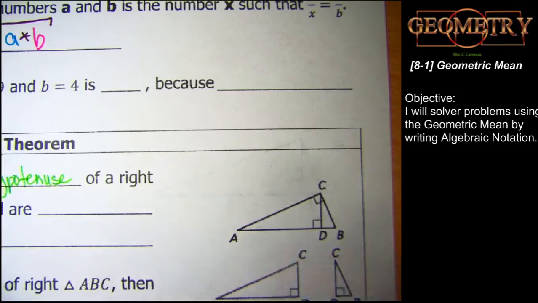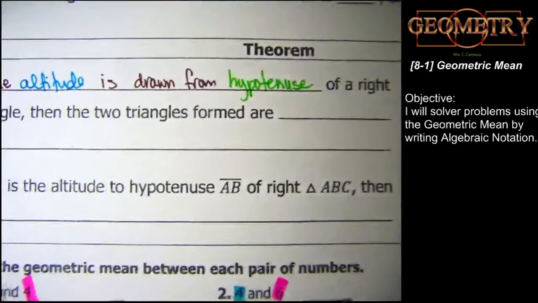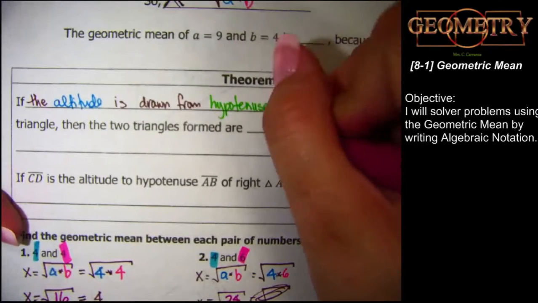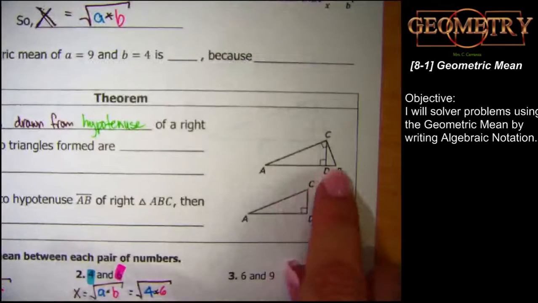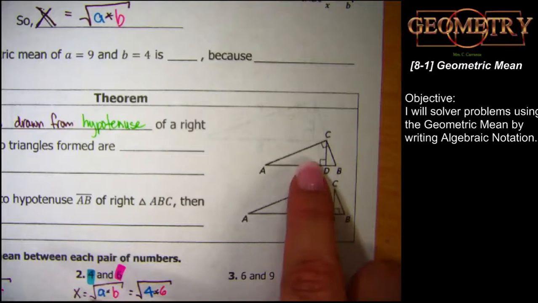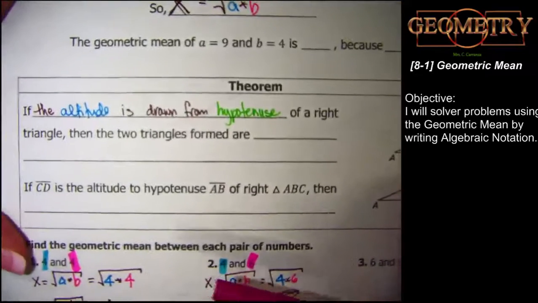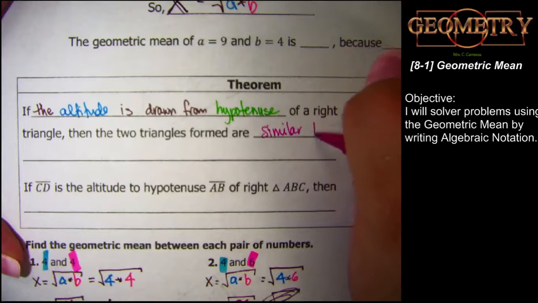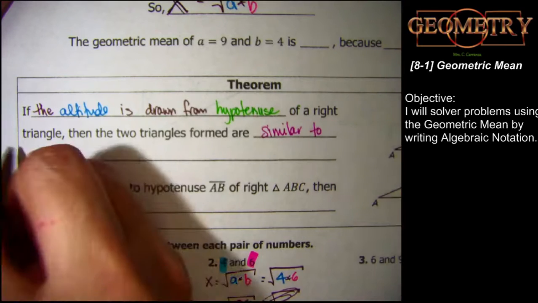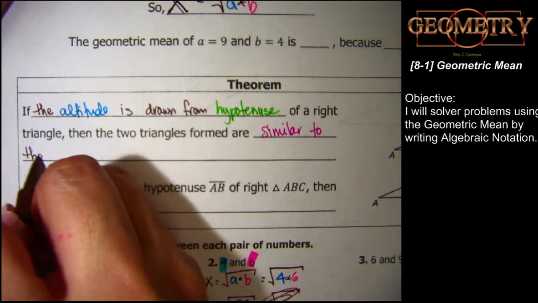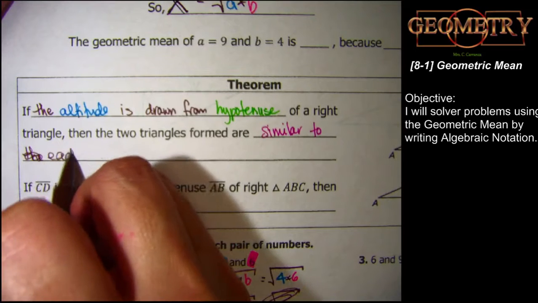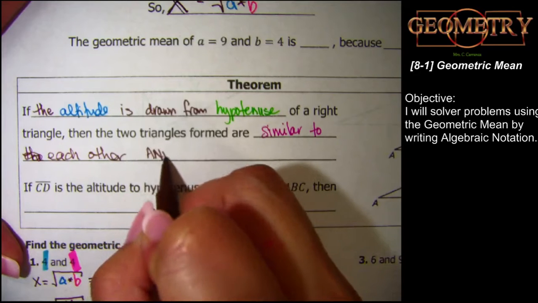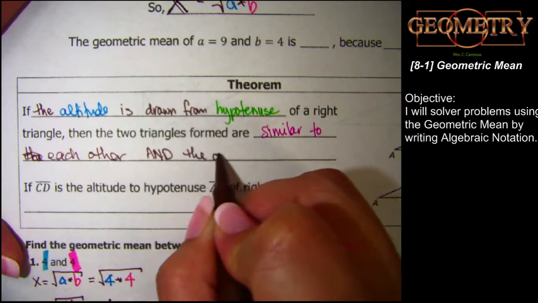Whenever you have a form that looks like that, then the two triangles that got formed, this little teeny tiny one and this medium one, those two triangles are similar to each other and the original triangle.